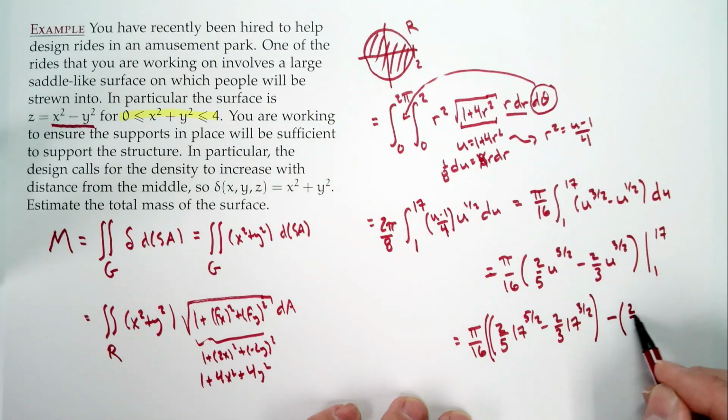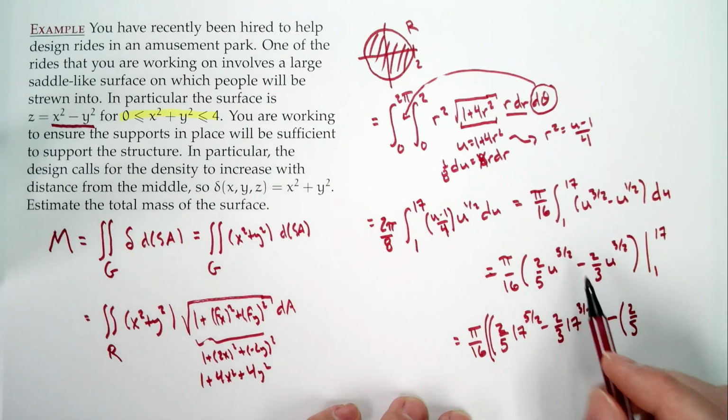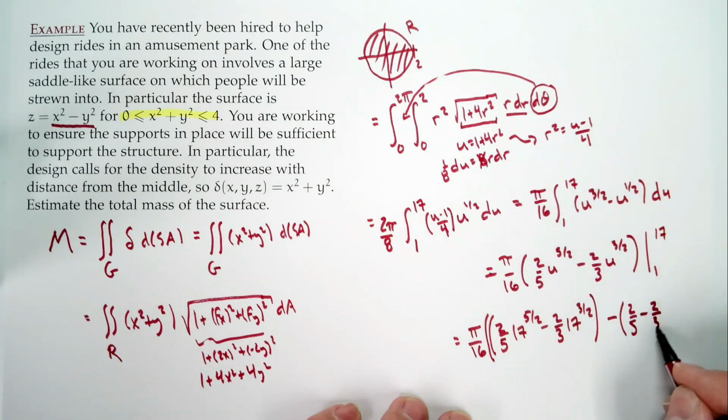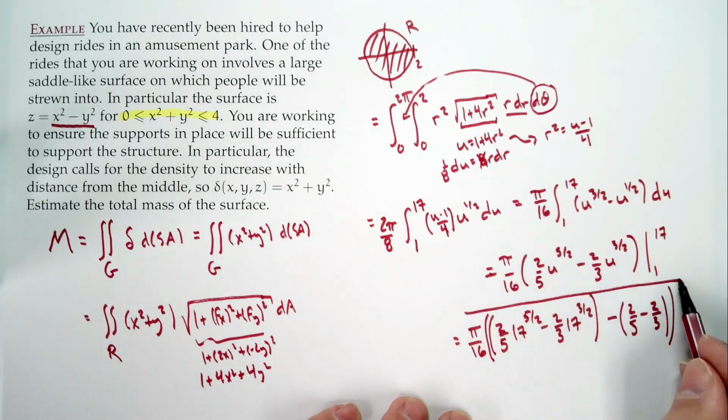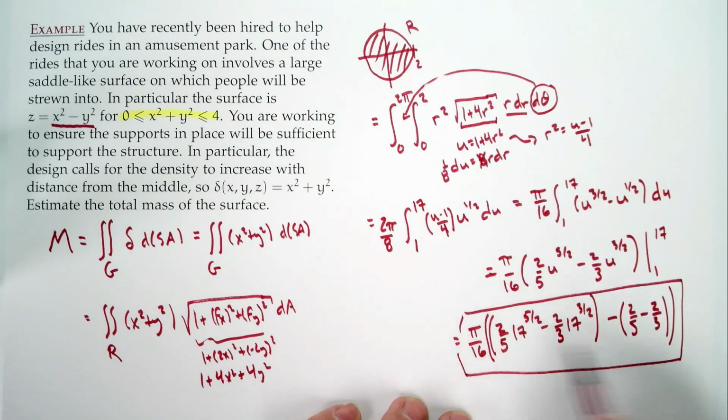Subtract 2/5 1 to the 5/2, which is 1, and 2/3 times 1 to the 3/2, which is 1. And that is about as simple as we can get. Yes, sure, we could add those together, but 17 to the 5/2, hopeless. And there are some other things you can do, but at this point, this is one of those rare times where maybe a calculator would be good.